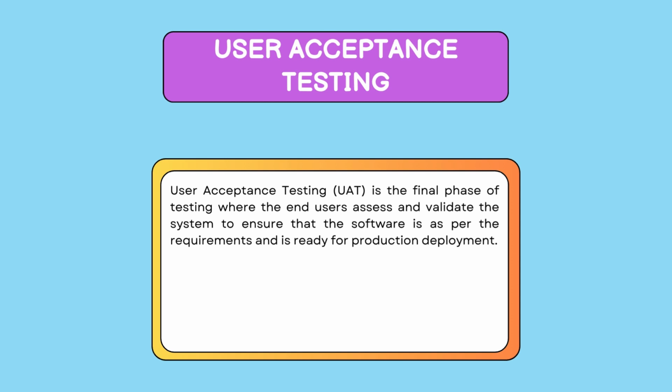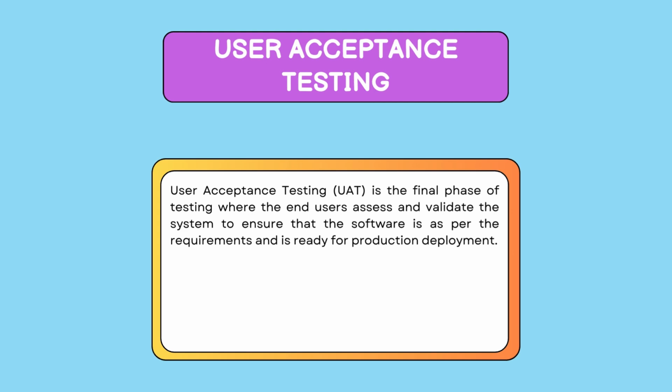The end users test whether the software and its features are as per the expectation or not. If all the features are as per the expectation or client's requirement, then we can say it is ready for production. Generally, we perform UAT with a client to ensure everything is working fine. So that's nothing but user acceptance testing, UAT testing.